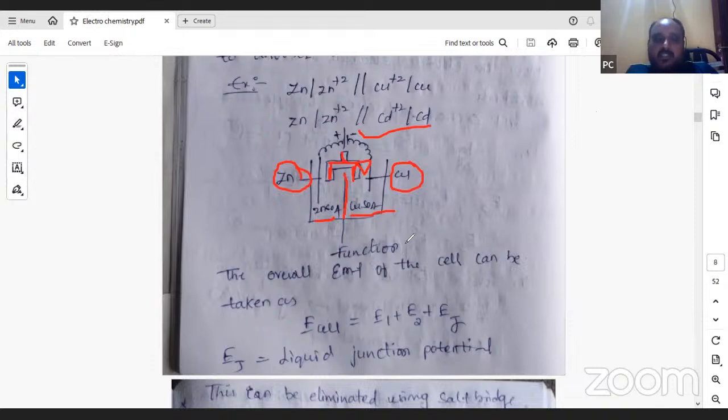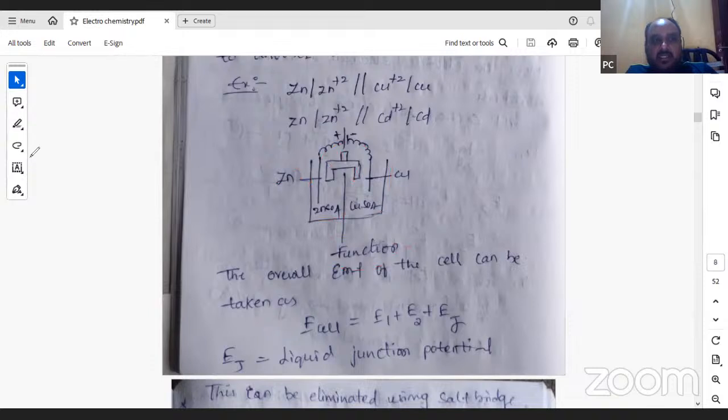Right? So this is the junction, that will be denoted with J. The ionic species will be transferred from one solution to another solution across the junction. Our heading was direct transfer of ionic species from one electrolyte to another electrolyte.